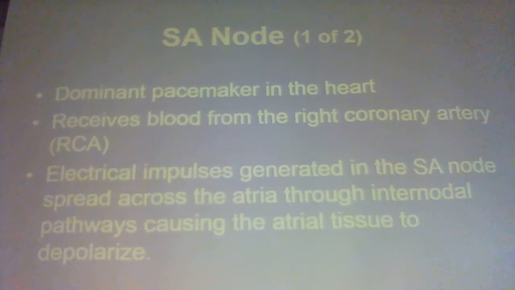Okay, right atrial enlargement. What does that P wave look like to you? It's pointed, correct? And the right atrium is where the problem is, correct? Because look at the shape of that first third of the P wave.